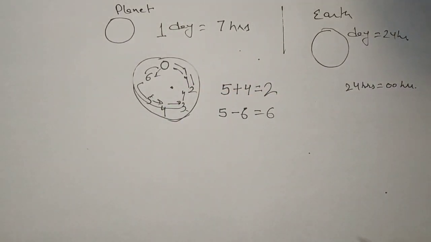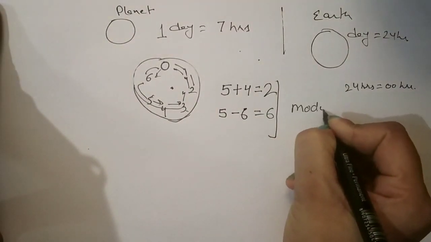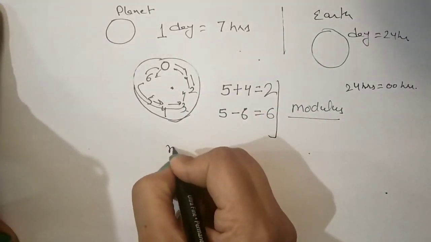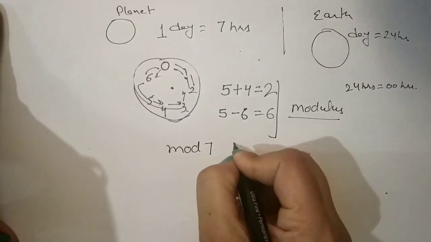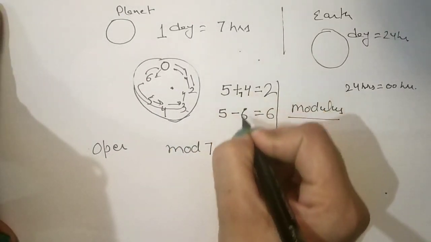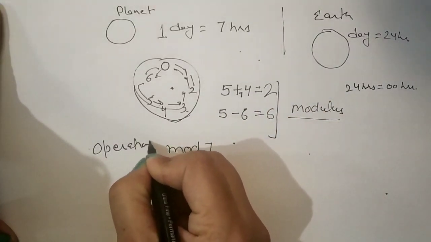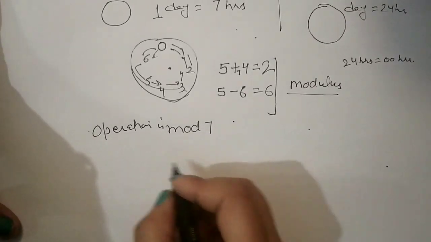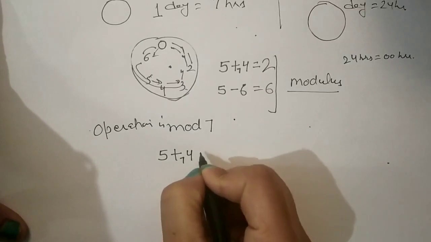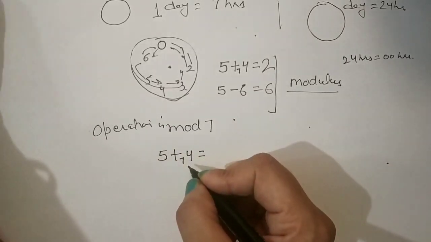So how does it work? This is a very interesting concept called modulus. This operation we have done here is the mod 7 operation. When we apply mod 7, you add those two numbers and divide by 7.